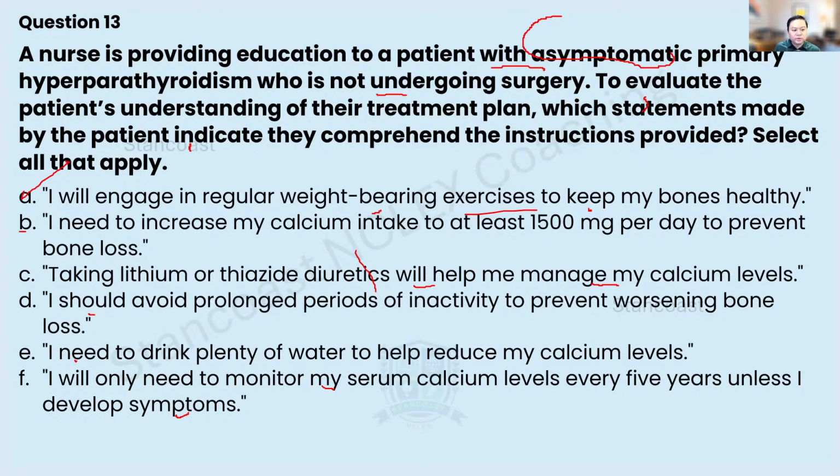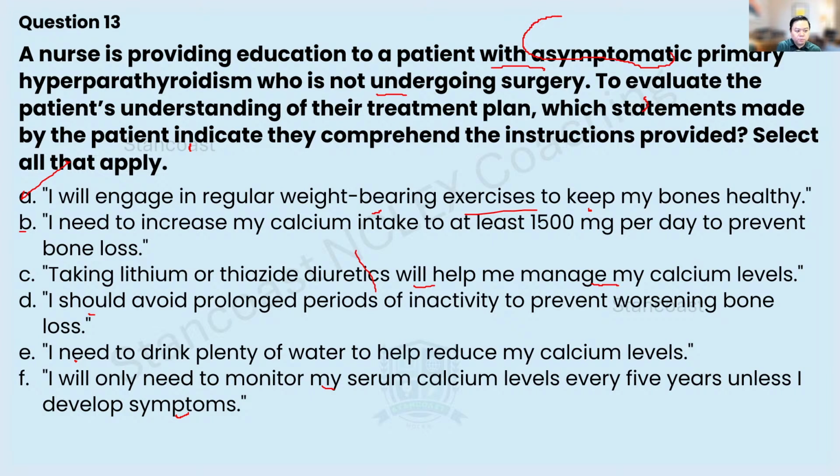What about letter B? I need to increase my calcium intake to at least 1,500 milligrams per day. The patient is experiencing hyperparathyroidism and also hypercalcemia. They should not increase their calcium intake. This is way too high.